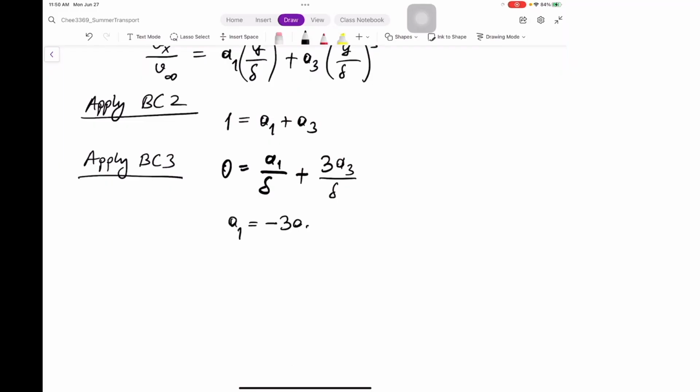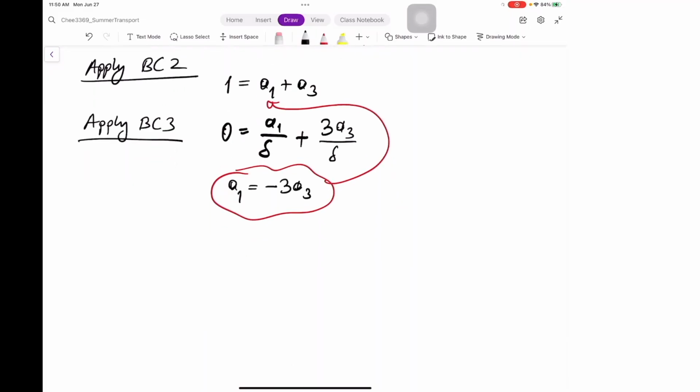If you plug this in here, you get 1 is equal to minus 3a3 plus a3. From here you get 1 is equal to minus 2a3, so a3 is equal to minus 1/2.